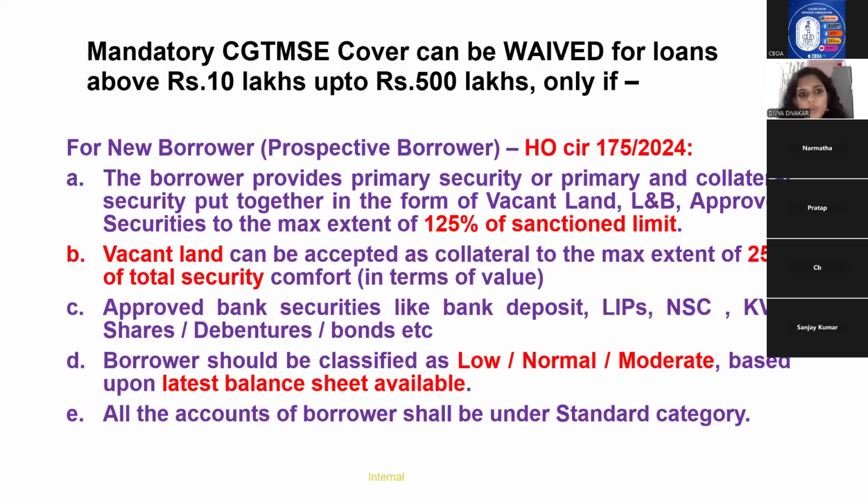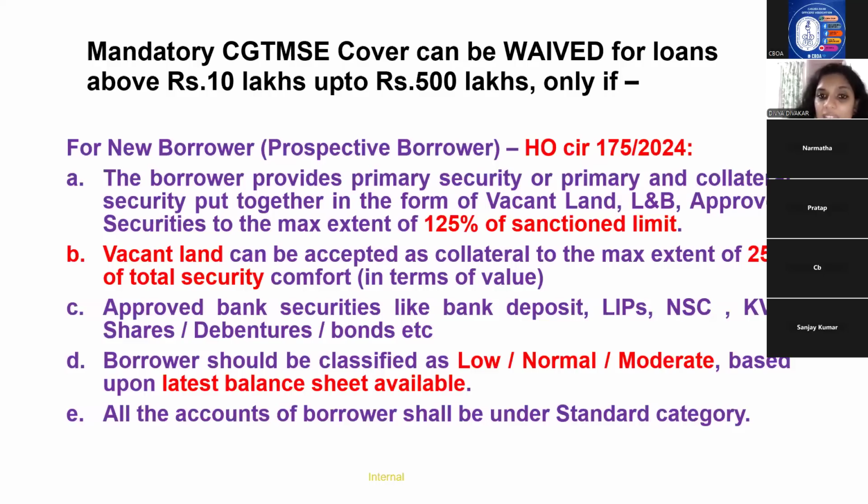A new person approaches us, then the borrower should provide primary security, or primary and collateral put together, in the form of vacant land and building, approved securities up to an extent of 125%. Remember, 125% of the sanction limit. This percentage is very important to remember. New borrower means 125%. And remember, here we can accept vacant land also.